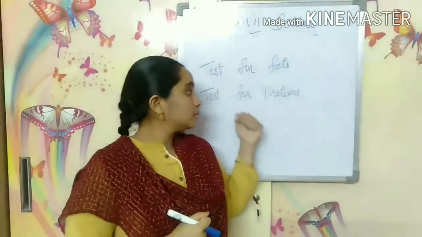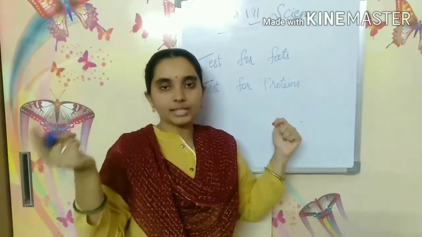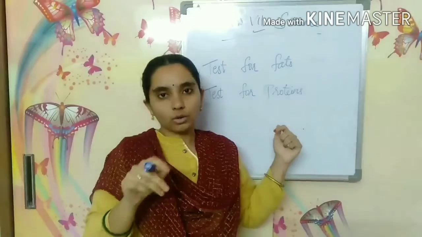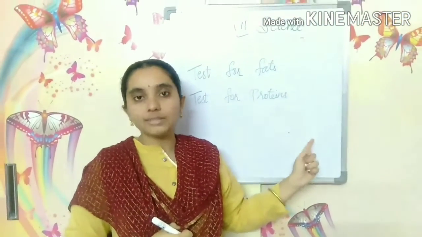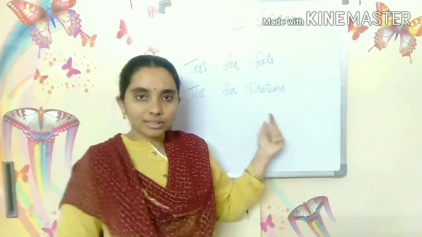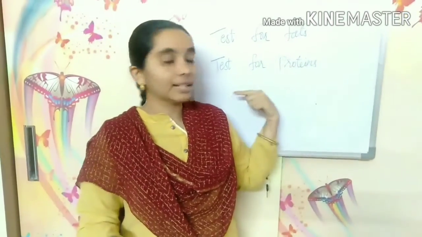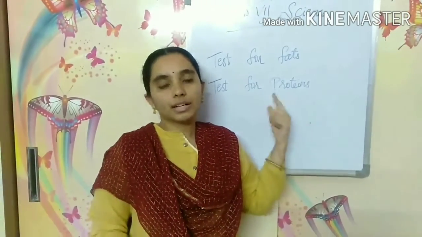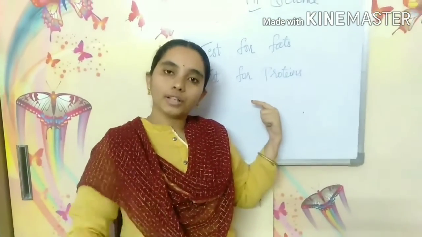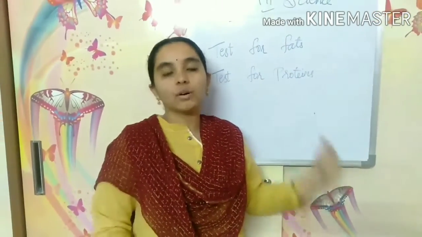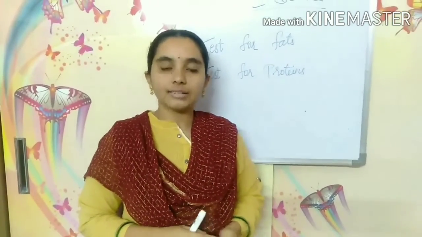The same way you wrote the test for starch in your notebook in the previous class, you write the test for fats and also the test for proteins, and you also write some other food items in which protein is present. In egg we have already seen. So apart from egg, what other food items contain proteins, also make a note in your notebook.